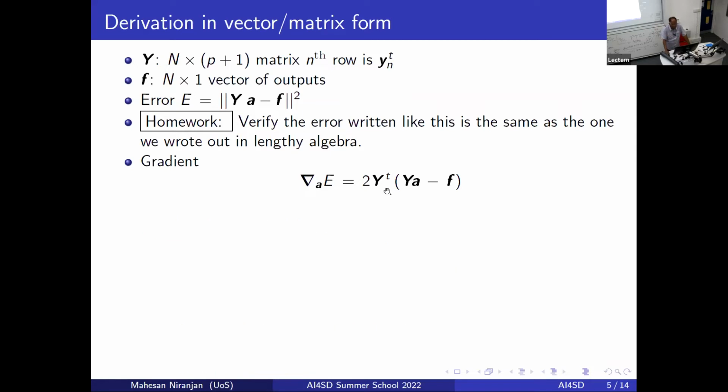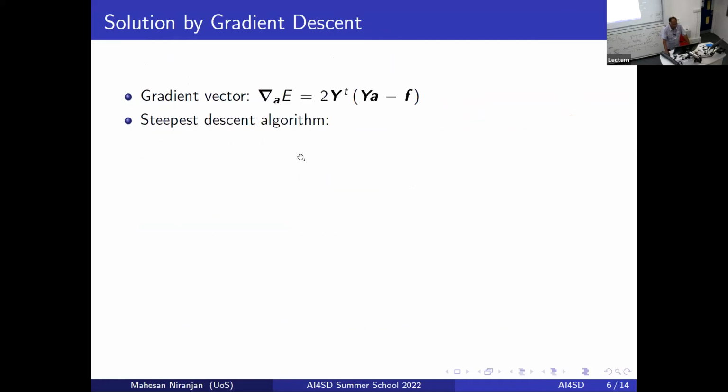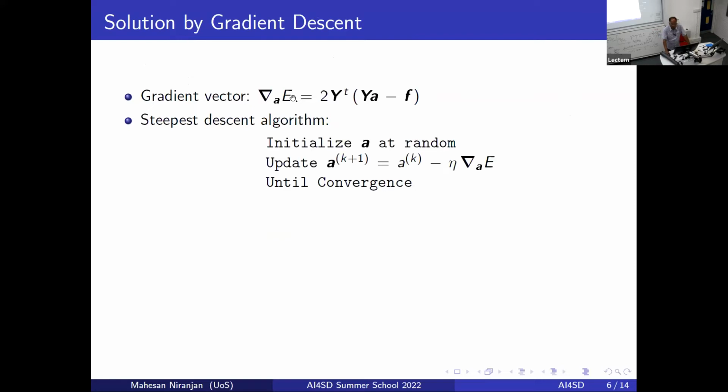And that's what I have here. What I would do is I have the gradient, and I would write what's known as a steepest descent algorithm. What this steepest descent algorithm is going to tell me is that, sorry, that should be a bold A. So I have some initial guess of the unknowns, and at iteration k, I would use the direction of the gradient to take a small step.